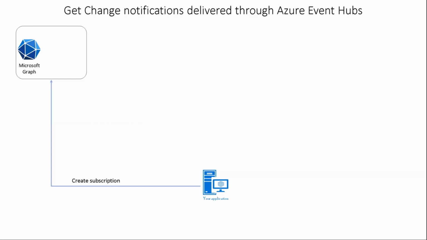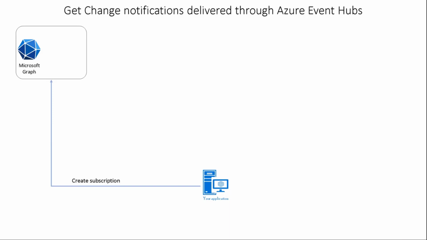That means all the changes that happen to users, like creation, deletion, updates, and groups is something that your application should be sent a notification about, because you are interested in listening to them and processing them. Earlier, in this create subscription, you would provide a link to a publicly available notification URL where Microsoft Graph will actually send you the notifications for all of these changes.